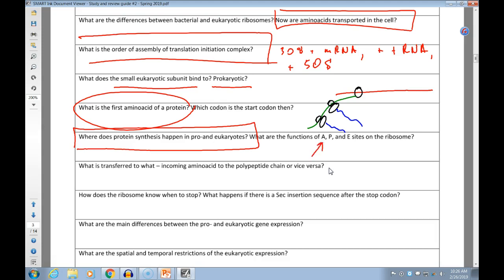A site: the incoming tRNA binds to it. P site: that's where the tRNA with the growing polypeptide chain is found. And E site is the site of exit for the tRNA. Now, what is transferred to what? The polypeptide chain is transferred to the incoming amino acid.